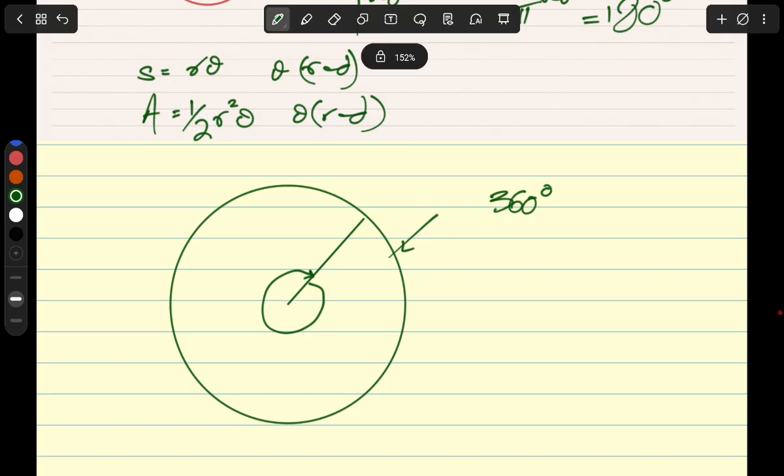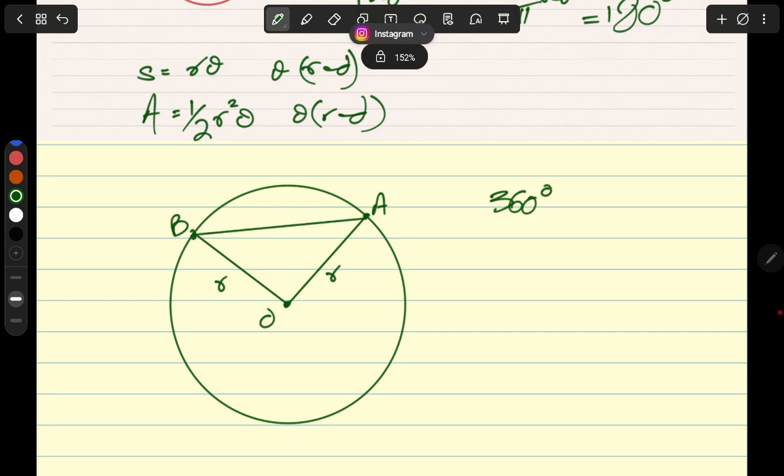So now, let's say that this center is O. Let's say that this point is A. Let's say that this point is B, and you already know that both of them are radii, and we can make a chord, let's call it chord AB, right? Now, what if this curved arc from A to B, however you call it, is also r?